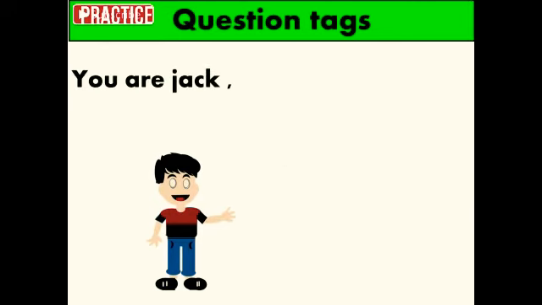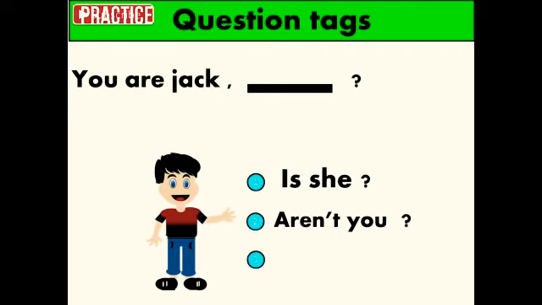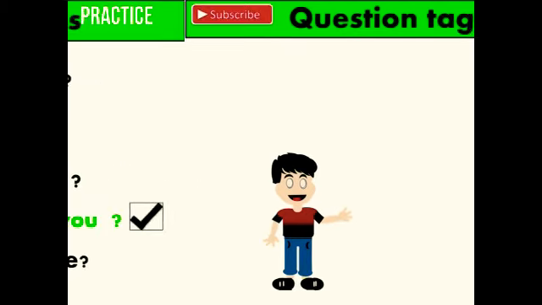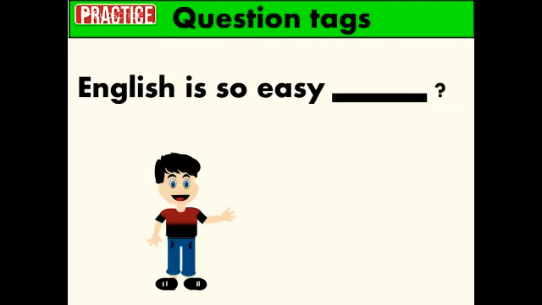You are Jack. Negative tag. Is she? Aren't you? Was he? Aren't you is the correct option. English is so easy.